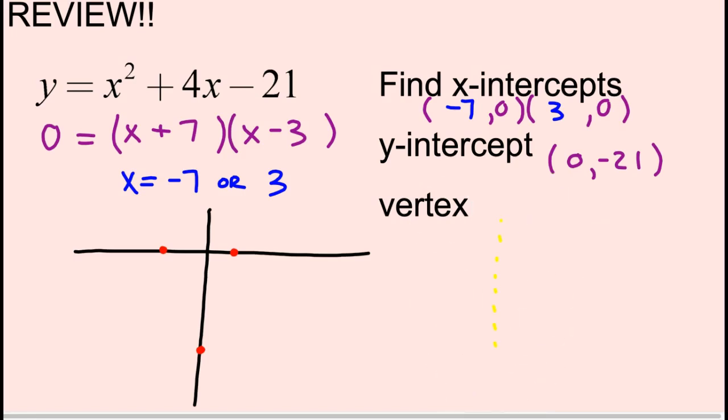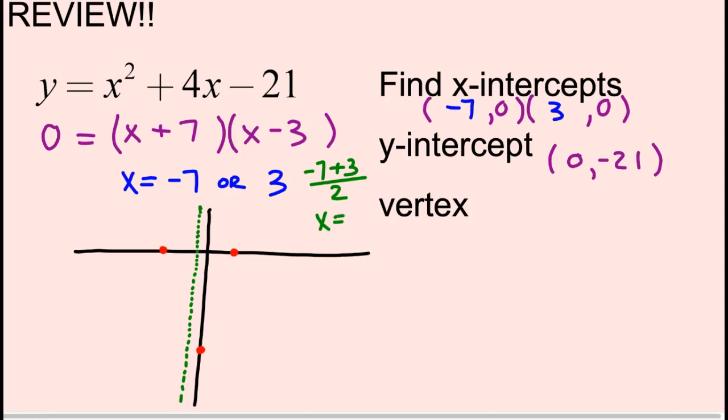All right, so here we want to find the midpoint of those two values, which is negative 7 and 3. So if I take negative 7 and I add 3 to it and I divide by 2, I'm going to get negative 4 over 2, which is negative 2, right? So there's an axis of symmetry that comes through here at the x value negative 2.